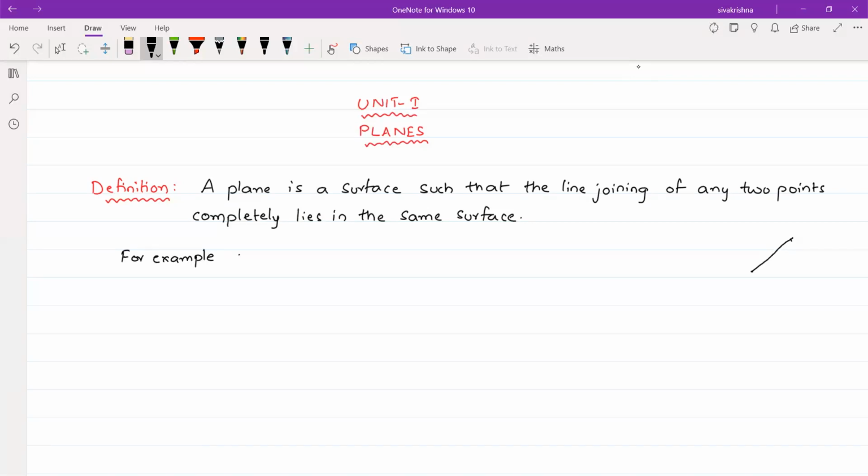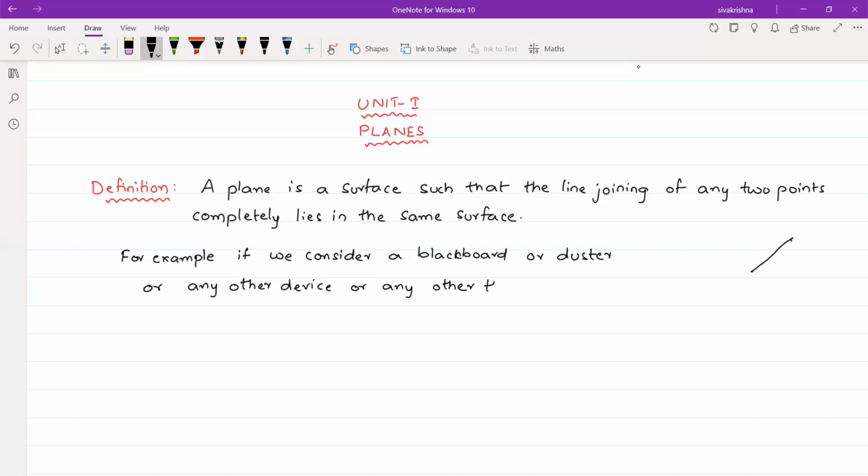If we consider a blackboard or a duster or any other device or any other thing, it can be named as a plane only if it satisfies the definition.